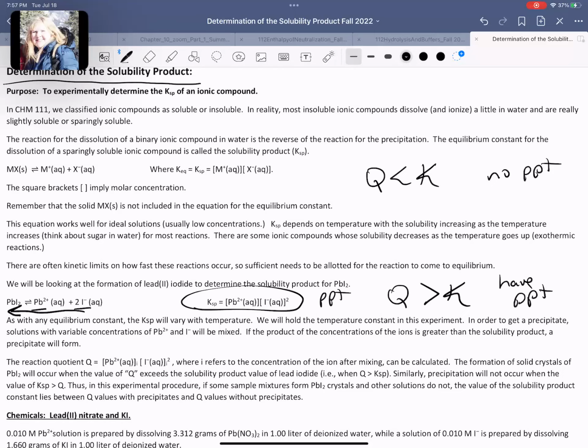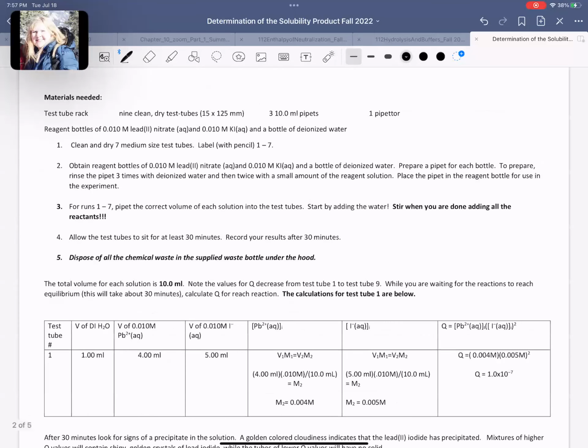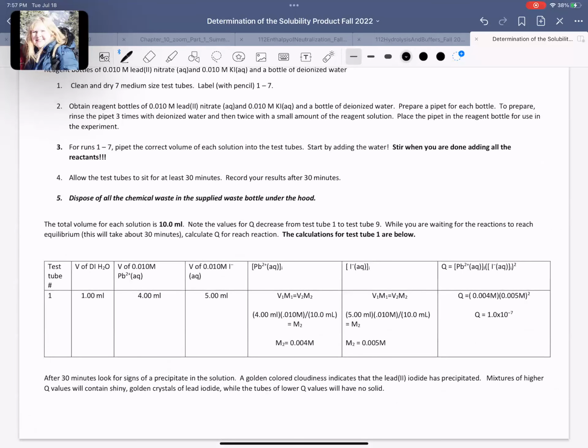We remember when we're doing the math on this lab that we have to make sure to do our dilutions. Everything that's mixed together in any one of the test tubes in here is a total volume of 10 mL. We're interested in the concentration of our lead and of our iodide.